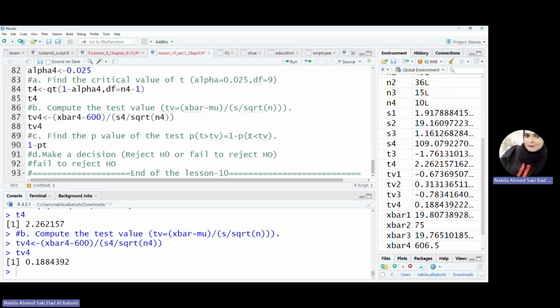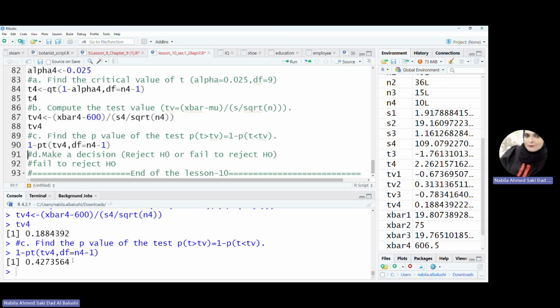We say 1 minus the probability that t is less than the test value, and this probability we get using the cumulative command pt, with the test value TV4, comma, degrees of freedom. For this question, df is N4 minus 1. Run the code and you get a p-value more than alpha. Alpha is 0.025. Again, we reach the same conclusion: fail to reject H naught.